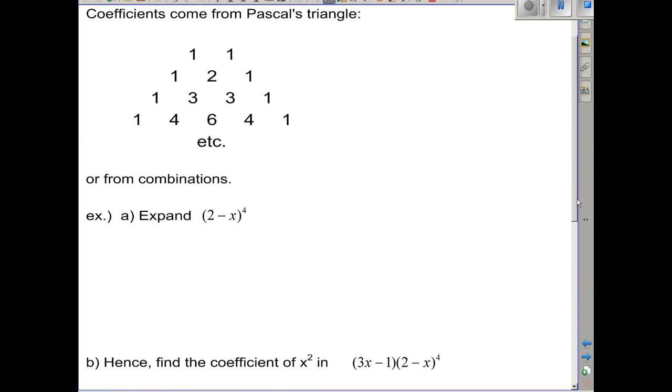Or you can think of this as coming from combinations. If we were to write Pascal's triangle in terms of combinations and start at this row with 2 entries, this would come from 1C0, then 1C1. The next row would be 2C0, 2C1, 2C2. So Pascal's triangle gives you this nifty little way of finding combinations really easily.